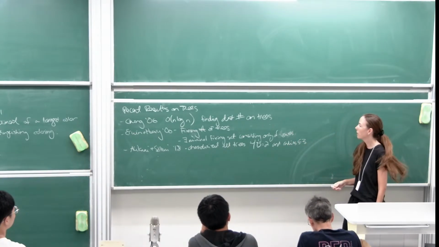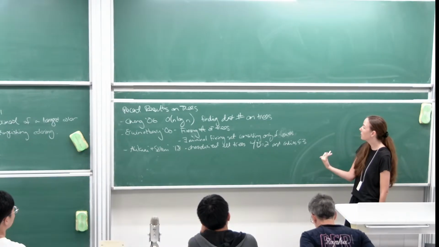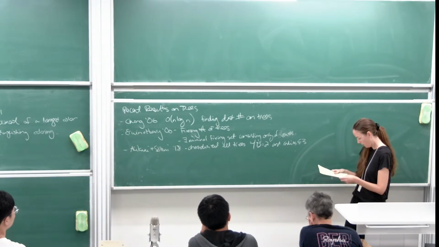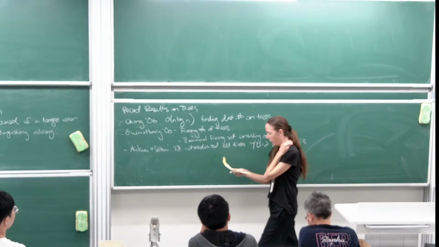They also give necessary conditions for trees with distinguishing number 2 and radius higher than 3.